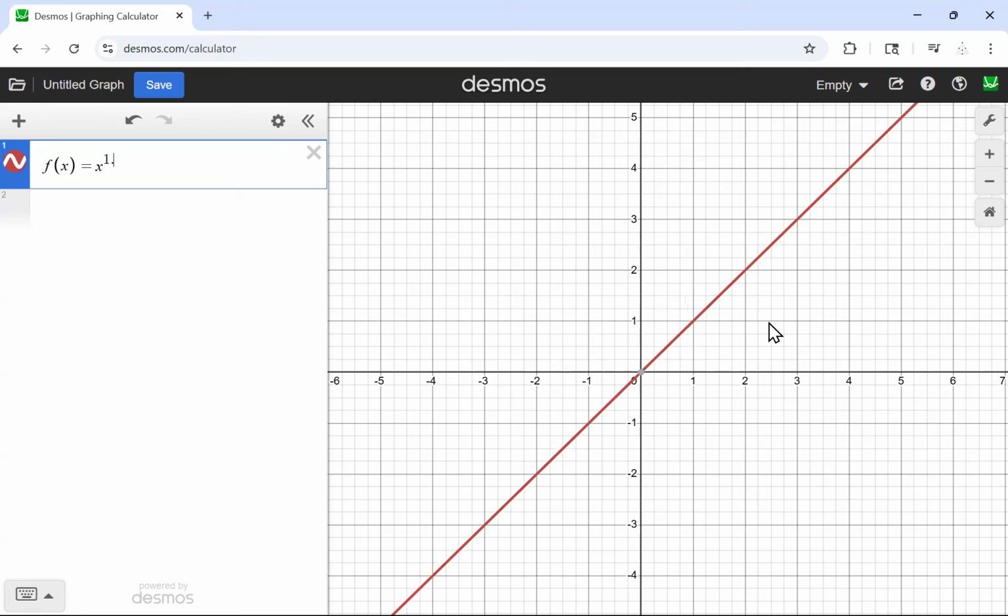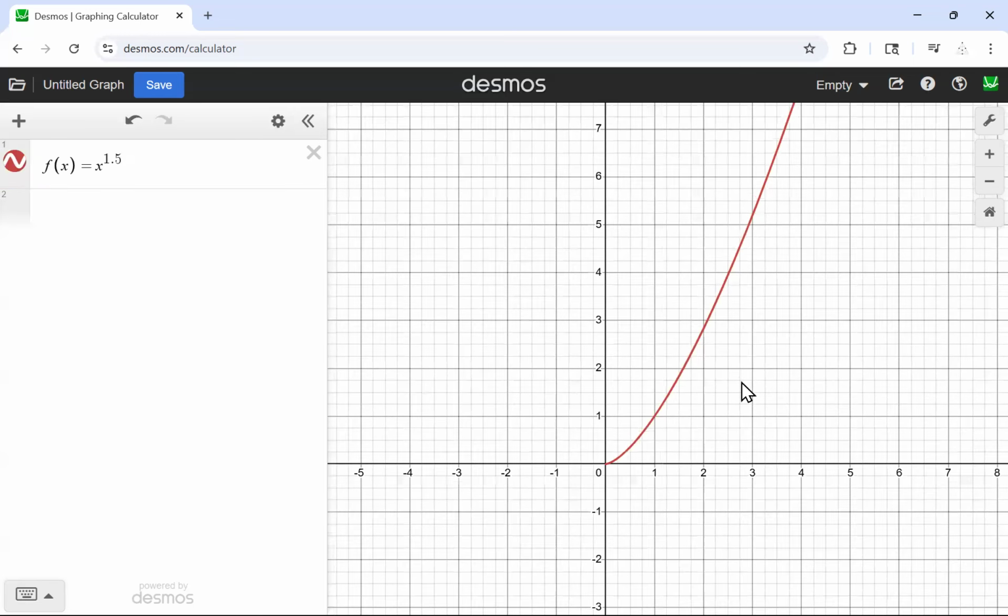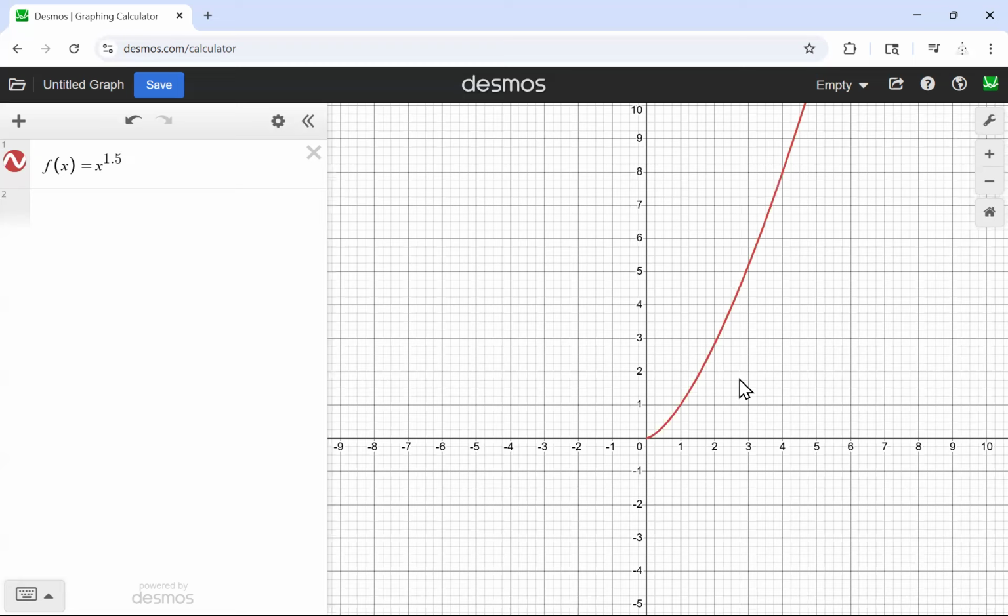Now, if we have other exponents, something like x to the 1.5, then it's not so clear. We get this shape, which has a little bit of curve in it. If I go x to the 2.5 power, I have this shape.